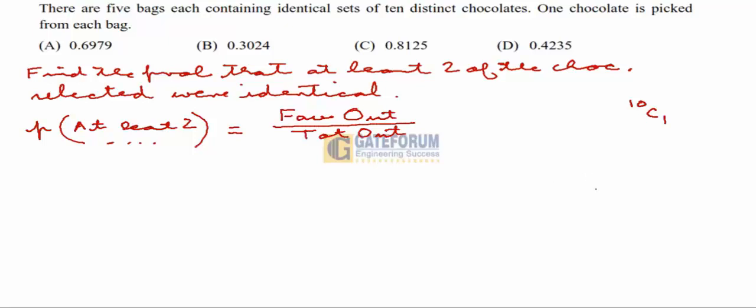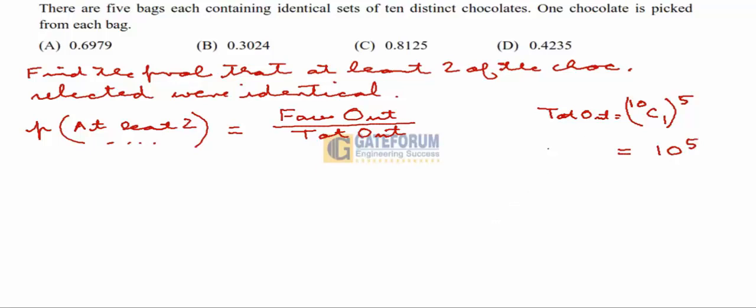Bag 3 also the same. Bag 4 the same also. So can't I say that the total outcome would be equal to 10C1 into 10C1 into 10C1, 5 times. That is 10C1 to the power 5, which is nothing but 10 to the power 5. That is the total possible outcome.